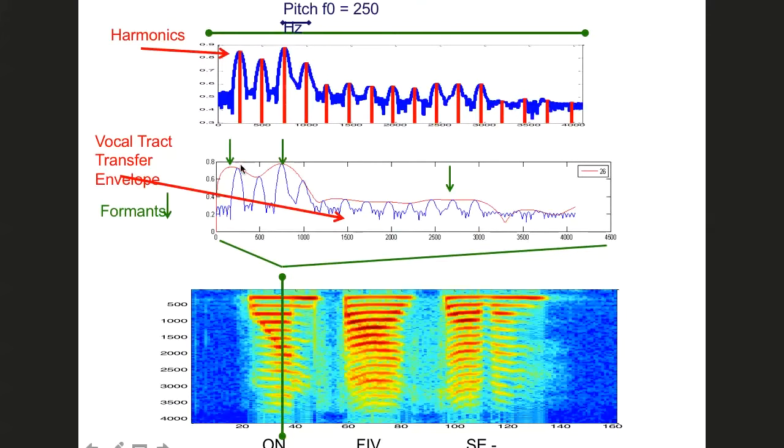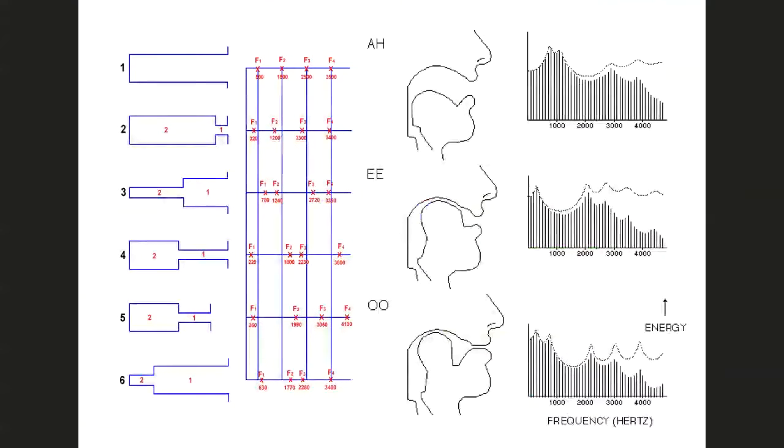Again, the big bumps we call the formants, which are the resonant frequencies. Now, this picture here is a tracing of an X-ray of the same person saying ah, e, and oo. You can see that the shape of the mouth is different. You can think of the vocal tract as a bunch of organ pipes, and as they change in dimension and length, the resonances change.